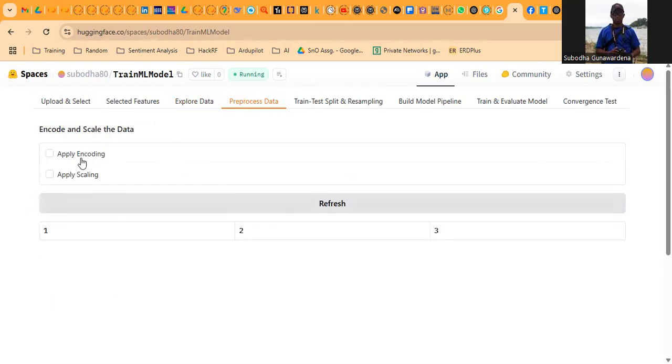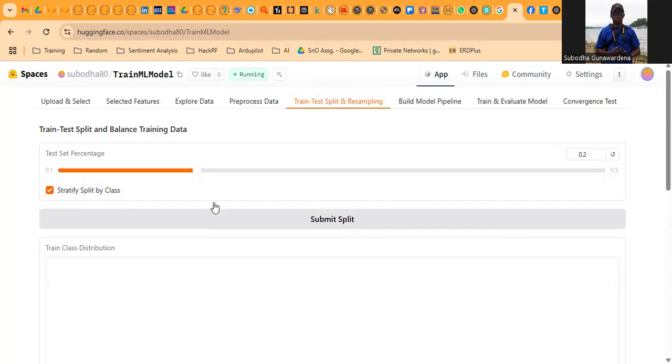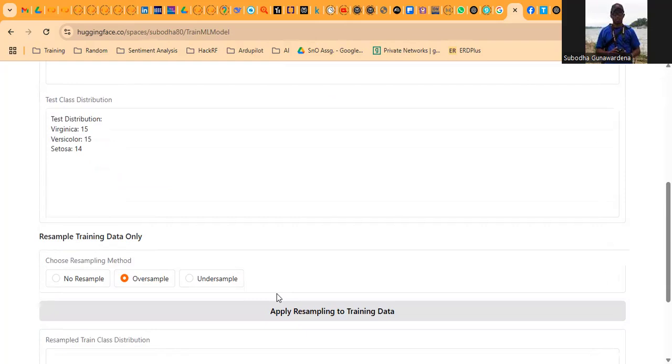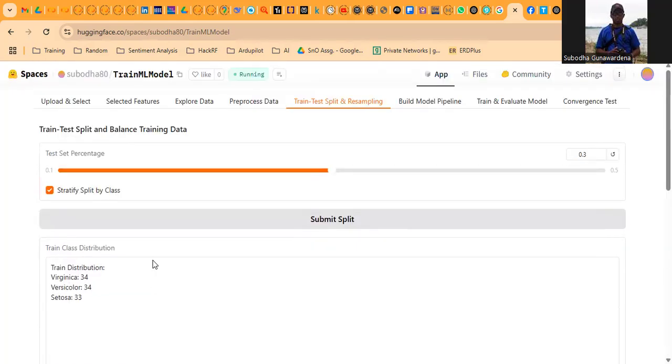So in pre-processing, I will only apply encoding. I have encoded my class names, and I will divide my data set into training and testing with a 70-30 split, with stratify, and splitting is done. Let me oversample the data, so I have 34, 34, 34 for each class in the training set.